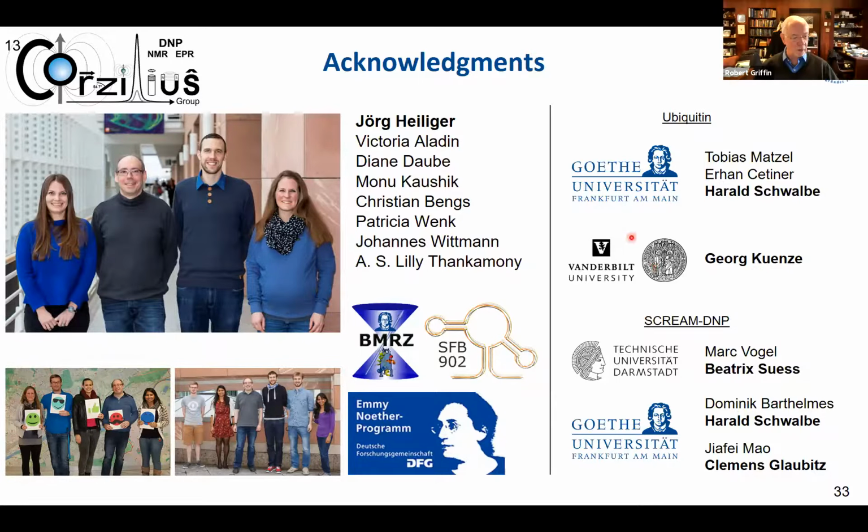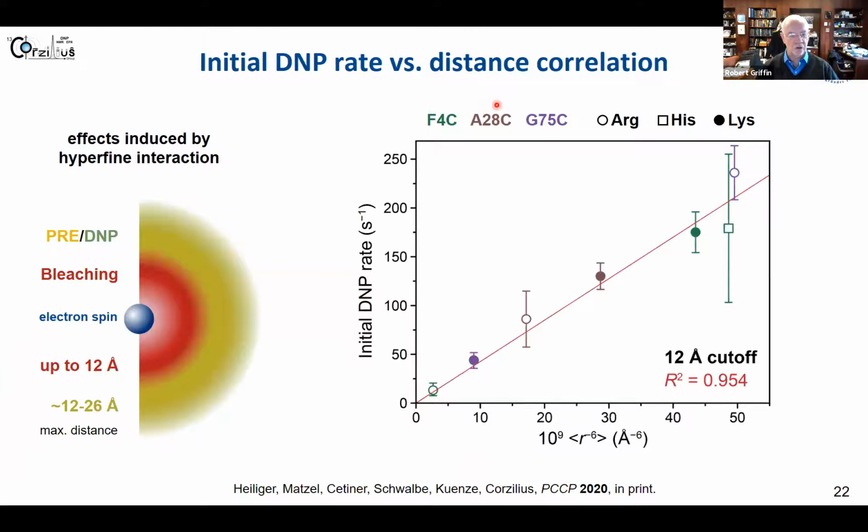Okay, Bjorn, that's a really nice set of results. Could you go back to your last slide? What are the error bars on your distances? You have error bars on your DNP rates, but not on the distances.